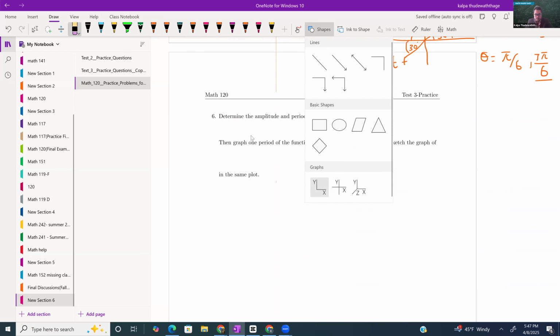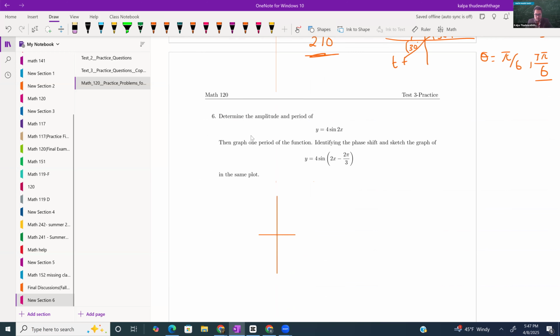I'll use this one. I don't need my positive, negative axis actually. I'm going to extend this. I'm not going to use the negative direction. Usually you draw the graph in the positive direction, because it's the same thing.